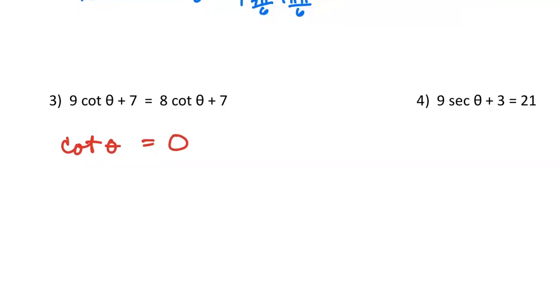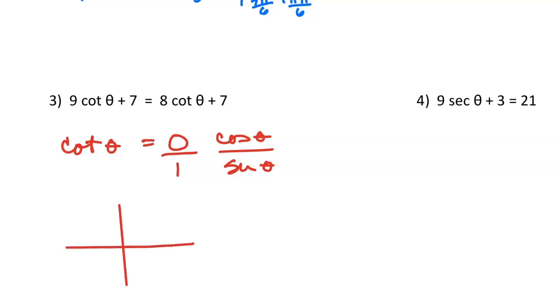Okay, so think about cotan being 0. So this is what I would have you think. Think about 0 as being 0 over 1. Cotan is cosine theta over sine theta. You need cosine to be 0. Okay, where does that happen? Look at your unit circle. Those are quadrantal angles that are going to be in play.